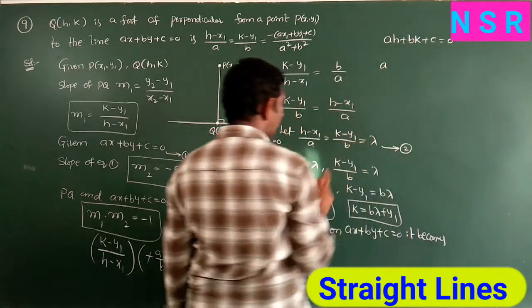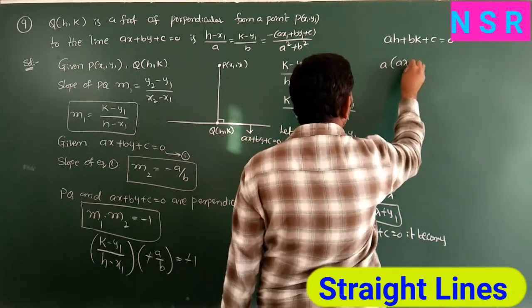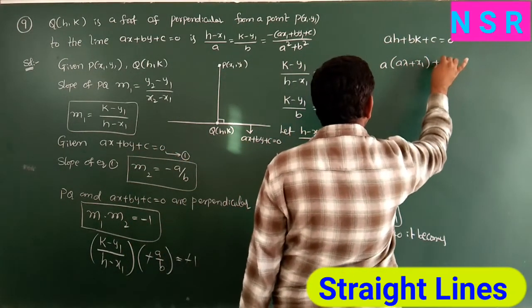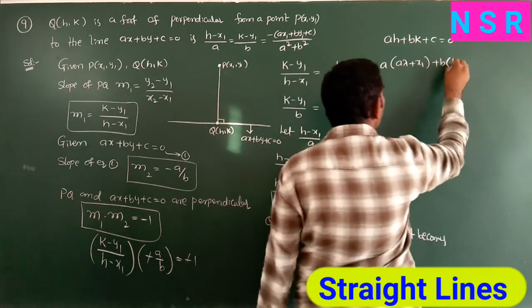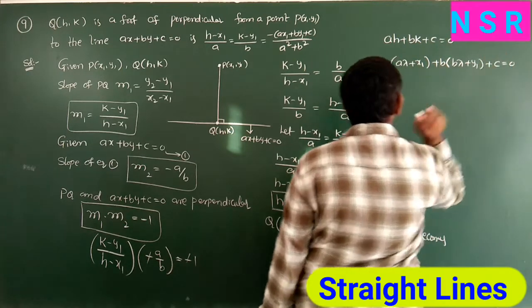Now in place of h, k substitute these values: a into (a lambda plus x1) plus b into (b lambda plus y1) plus c equal to 0. Now simplify it.